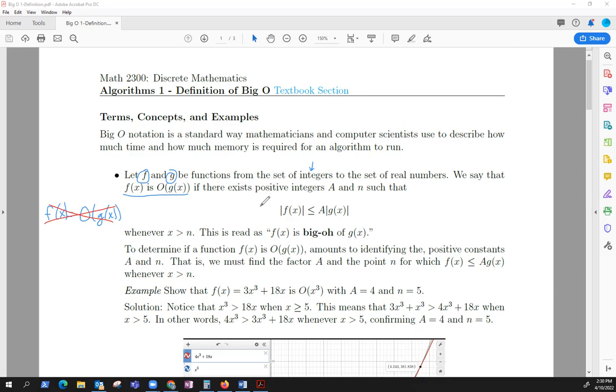So what that means is there exist two positive integers, a and n, and this pair, this a and n pair, these are called witnesses.